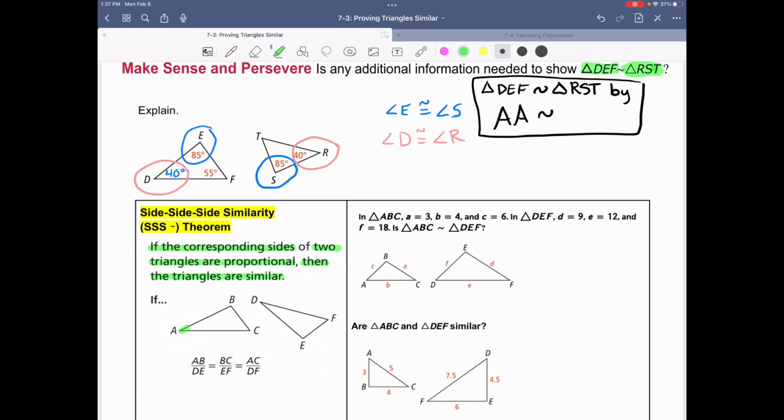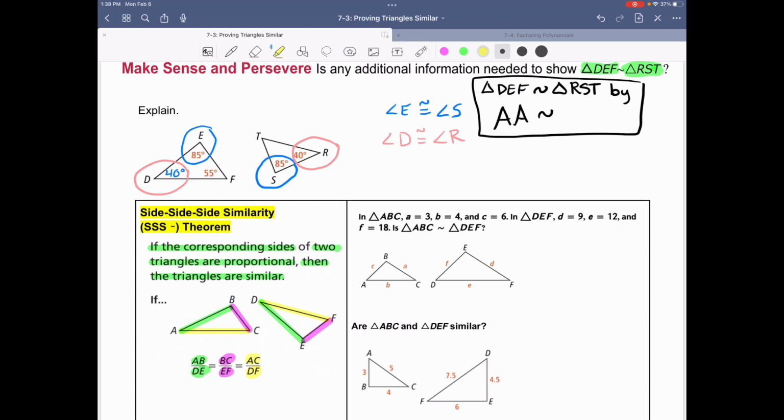We have AB, and we're saying that AB corresponds to DE. Then we have BC, which corresponds to EF, and AC, if you have highlighters, you can use those to also do this, corresponds to DF.